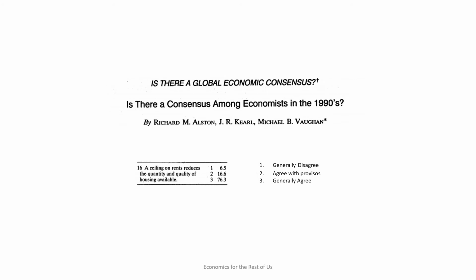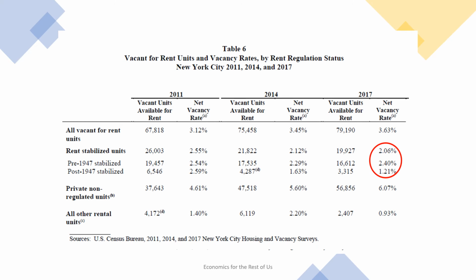Not only interested billionaires attack rent control. 93% of economists believe that rent control reduces the quantity and quality of housing. But the numbers do not support this belief either. Let's talk about quantity first.